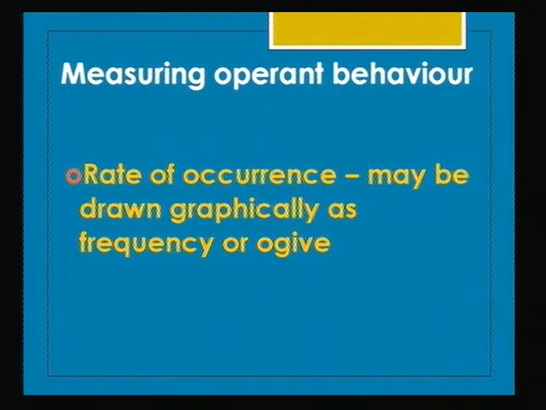Skinner has also suggested that we can use a simple frequency graph to understand this rate of occurrence, or we can make a cumulative graph or an ogive to express it. Actually, Skinner prefers an ogive for measuring the operant behavior as it is learnt by the particular organism.